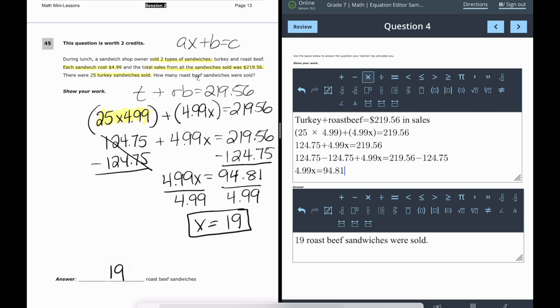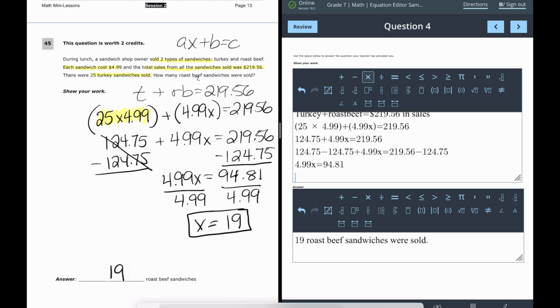Cool. Now what do I want to do? I want to divide both sides by 4.99. So I'm going to do 4.99x divided by $4.99 is equal to 94.81 divided by 4.99. So there's no confusion about what I did, I'm showing you that I'm doing the same operation to both sides.